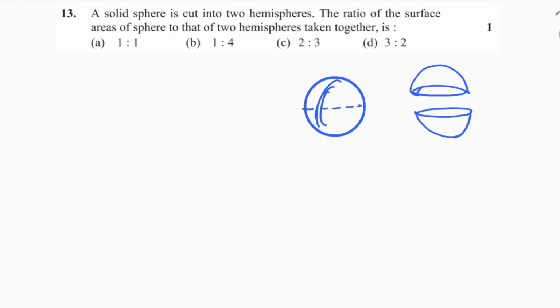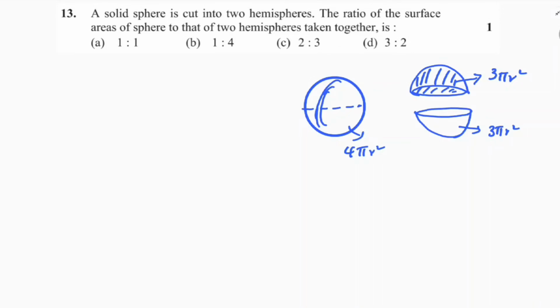Now see, the total surface area of this part is 3 pi r square, and for the sphere it is 4 pi r square.